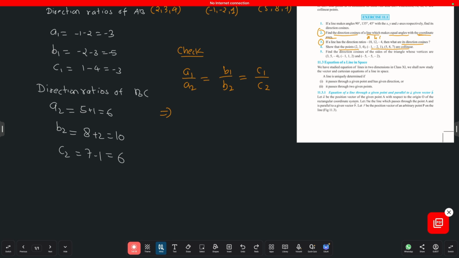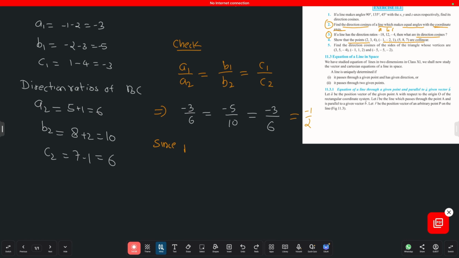What is the A1 value? -3 upon 6, and this is -5 upon 10, and -3 upon 6. If you observe, these all equal -1 upon 2. All are equal, no? It means they are in the same proportion. And B point is common, so ABC are collinear points.